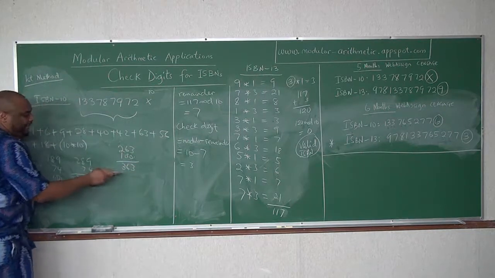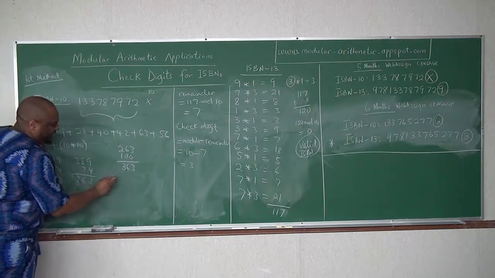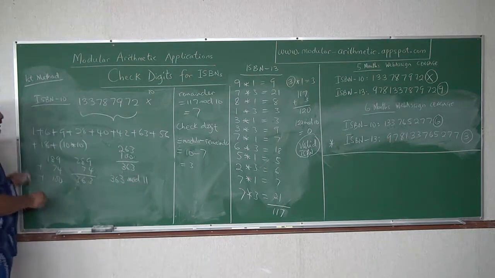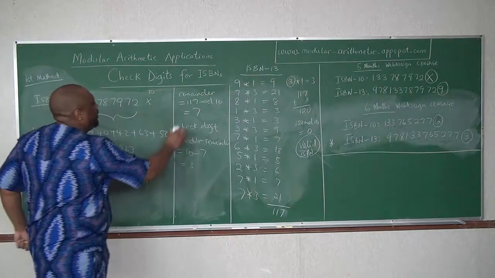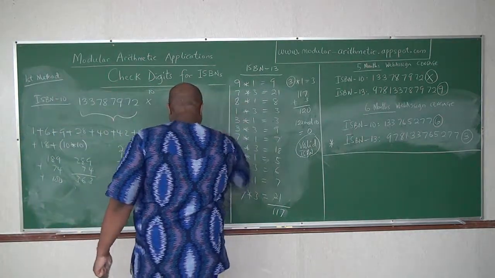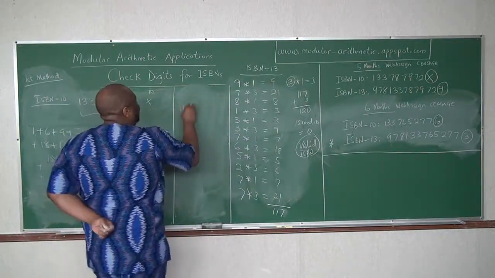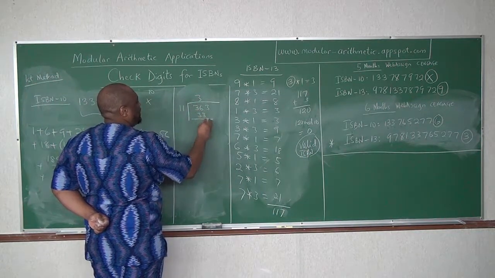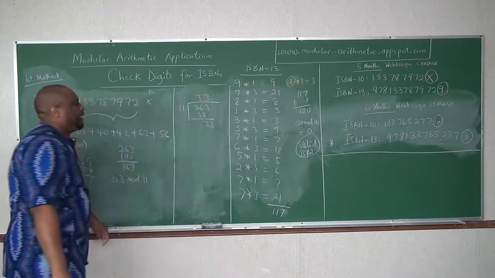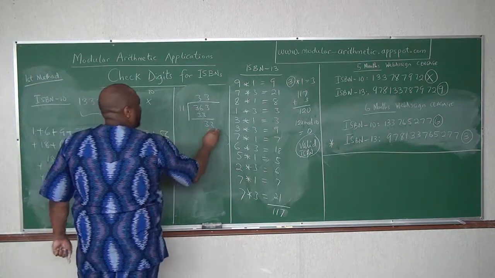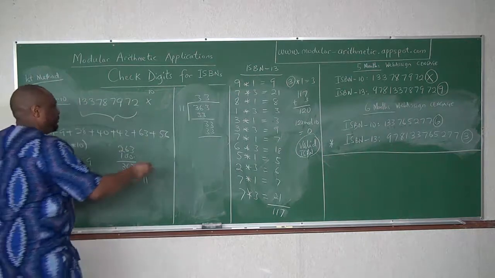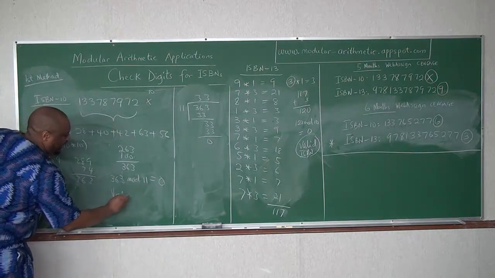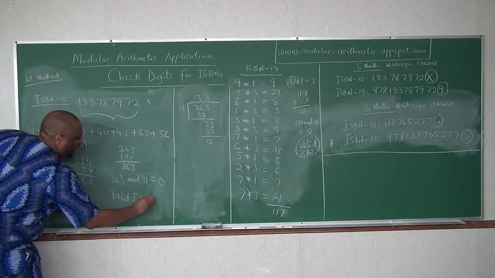So if 11 can divide, you now do 363 mod 11, and it should give you 0. 11 divided into 363 is 33, and that is it. So this gives you 0. So that is a valid ISBN.